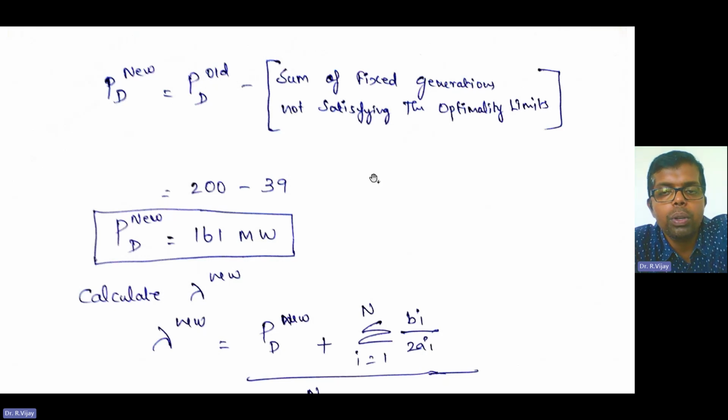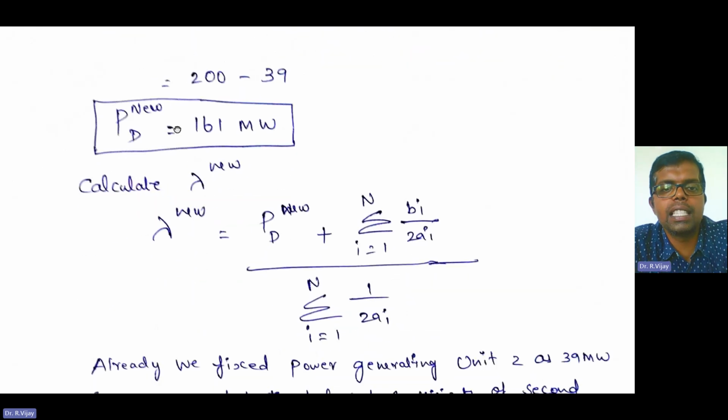Suppose two generating units were violating, you would sum up those two generations and subtract them from PD old. Here the fixed generation is 39 megawatt, so 200 minus 39 is 161 megawatt. So PD new is 161 megawatt.